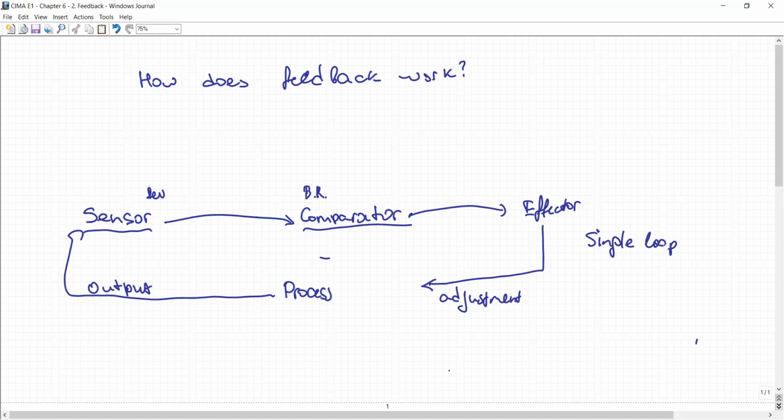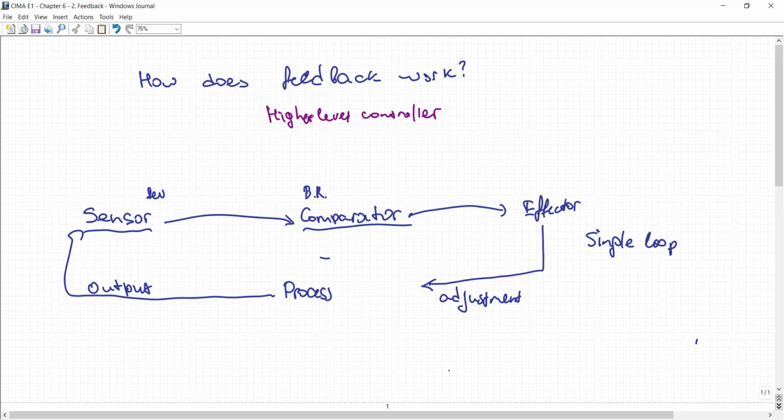And what is going to be a double loop? A double loop would be if we have not only a comparator, but also a high-level controller. Let me just write that. A higher level controller is a device, a system or a person that coordinates and controls the operation of multiple sensors, comparators, and effectors.